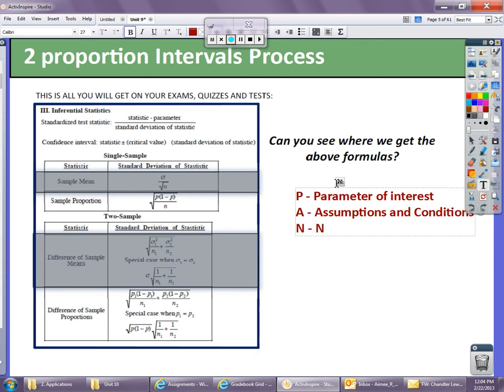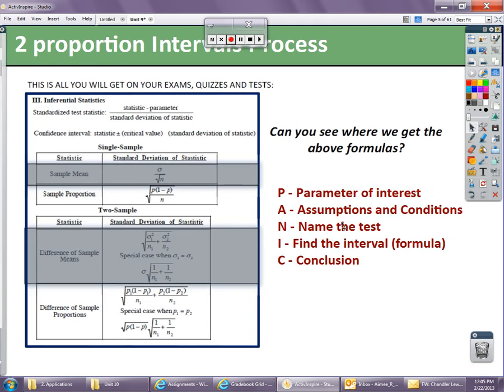And then the N, which is name your test. And then the I, which is find the interval using the formula from the previous page. And then C, which is your conclusion, which is restating the interval and the confidence level. Okay, so again, for a confidence interval, you PANIC.